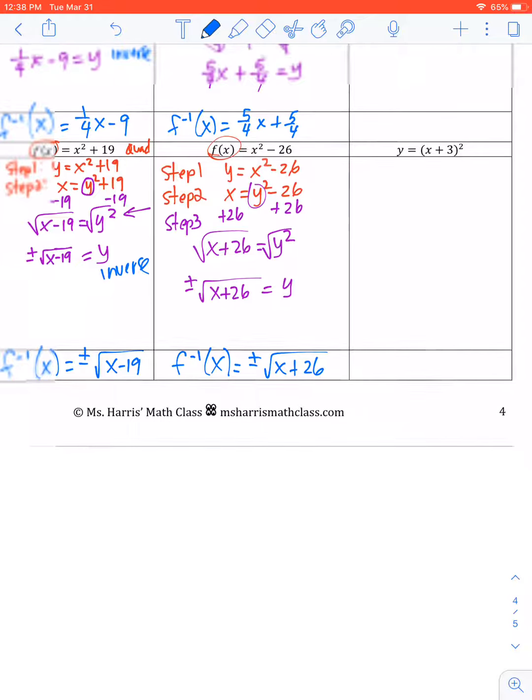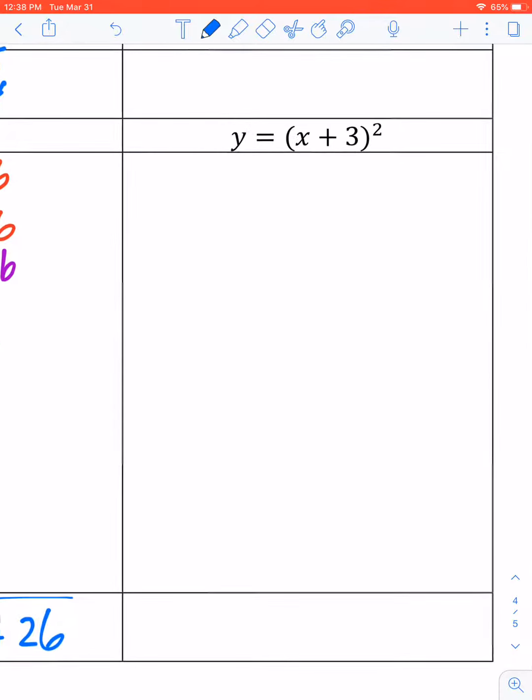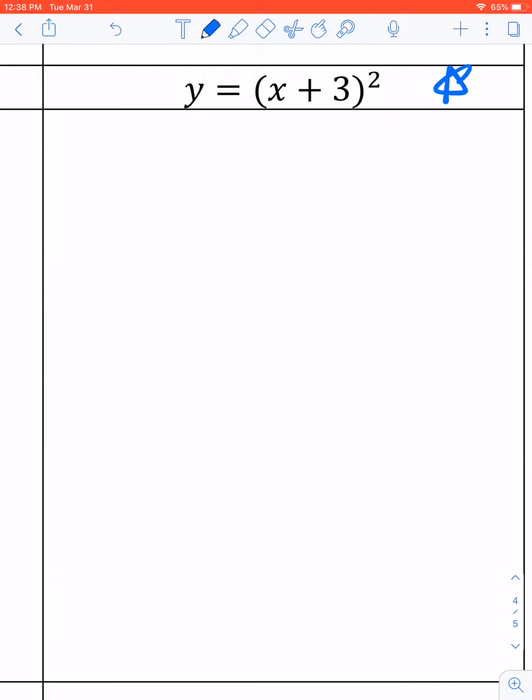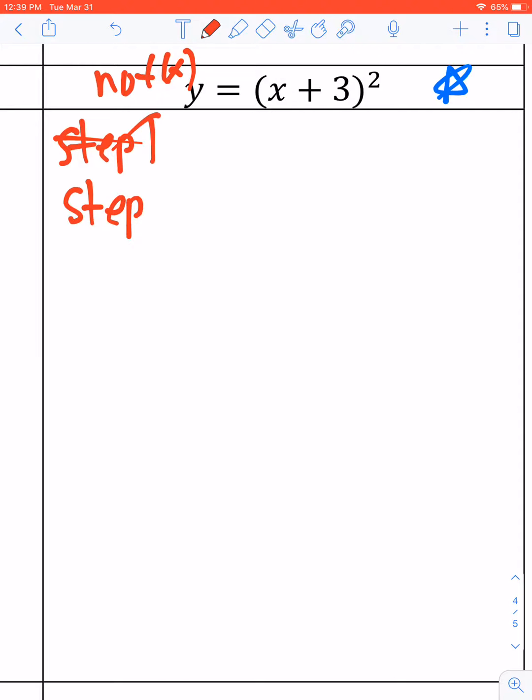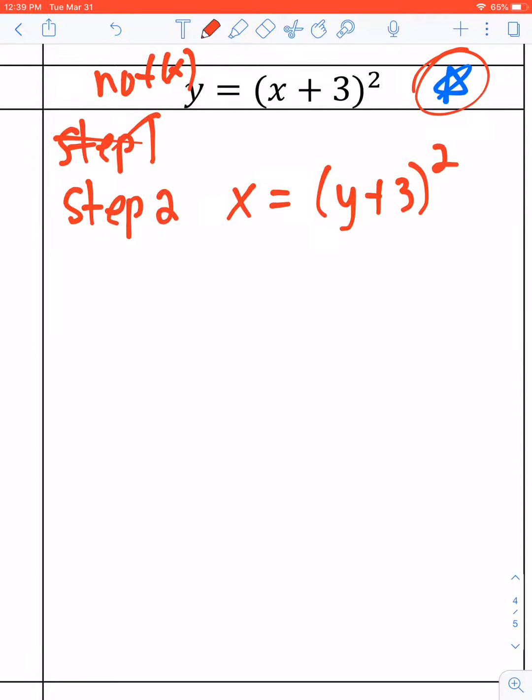And friends, now we are at our final problem, star it. It's really not hard, but there is a place where you just have to be mindful of what you're doing. All right, step 1 is unneeded because there is no f of x. Step 2, I'm going to replace the x and the y, but this is why it is starred.